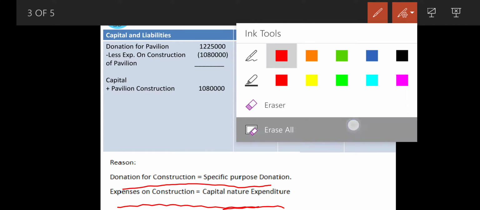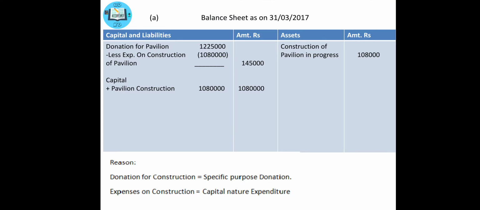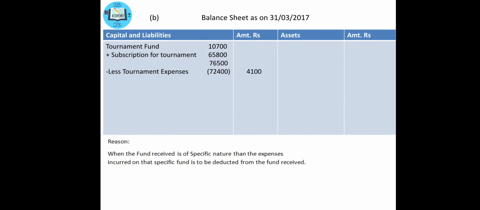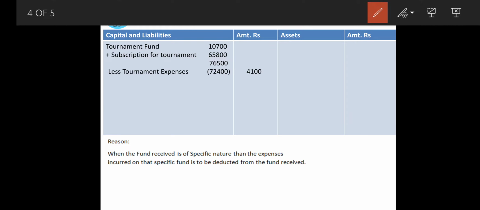Now I am switching towards the second part of this sum, that is tournament fund. Have a look at the B part of the textbook. Tournament fund balance as on 1/4/2016. Subscription for tournament received during the year and expenses incurred during the year for conducting the tournaments.